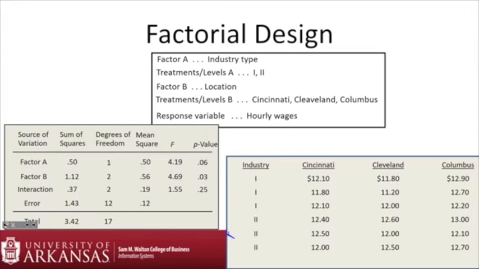Factor A, factor B, and then here is your actual response variable. This could turn out to be a whole bunch of values, or it could turn out to be just an average value.